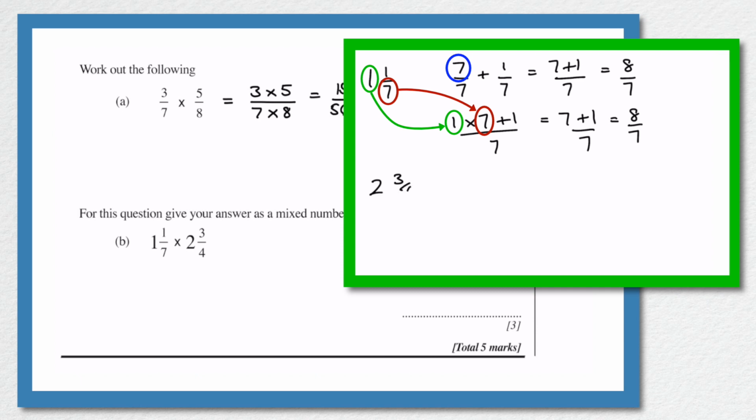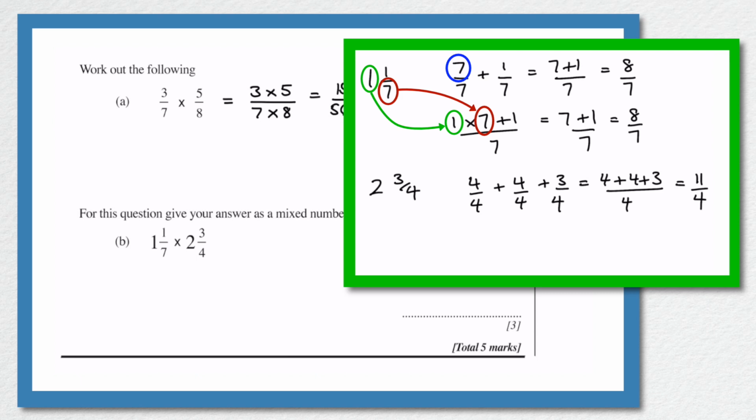Similarly, for 2 3/4, we are dealing with quarters. Think of 2 as 4 over 4 add 4 over 4. So 2 3/4 can be written as 4 over 4 add 4 over 4 add 3 over 4. So that's 4 add 4 add 3 all over 4, which is equal to 11 over 4.